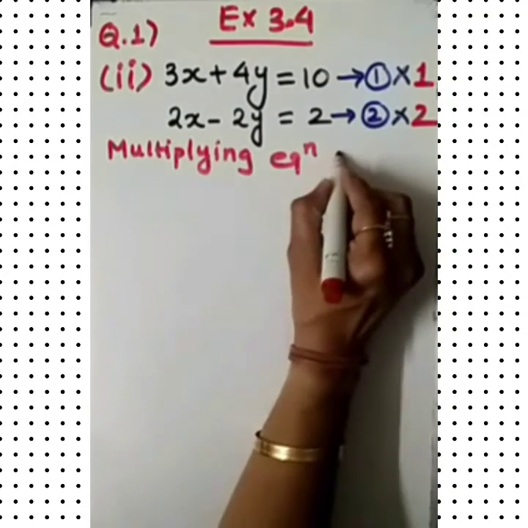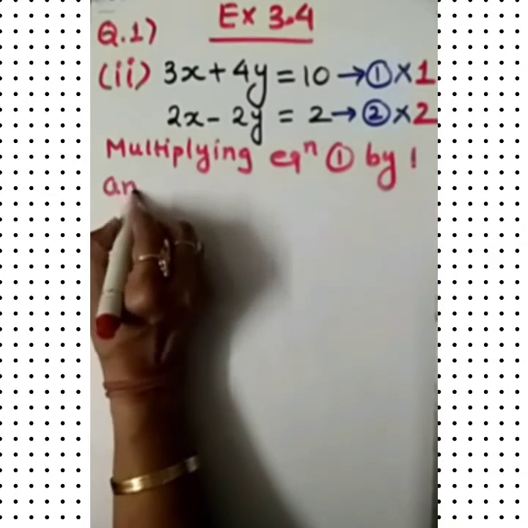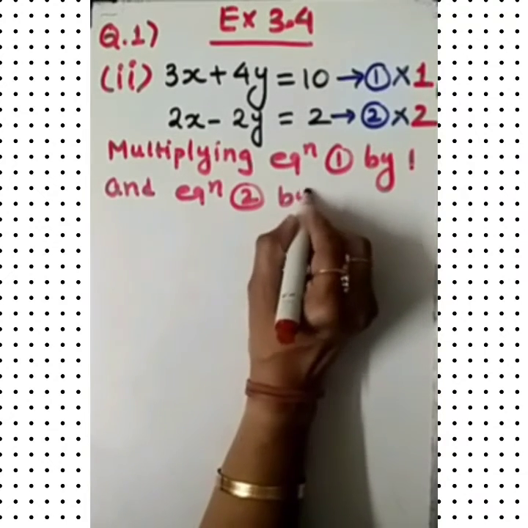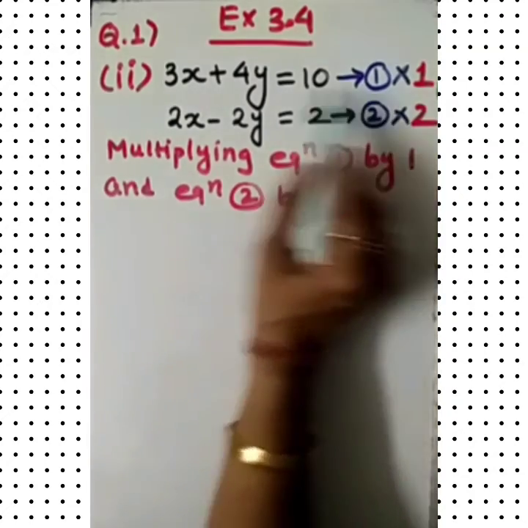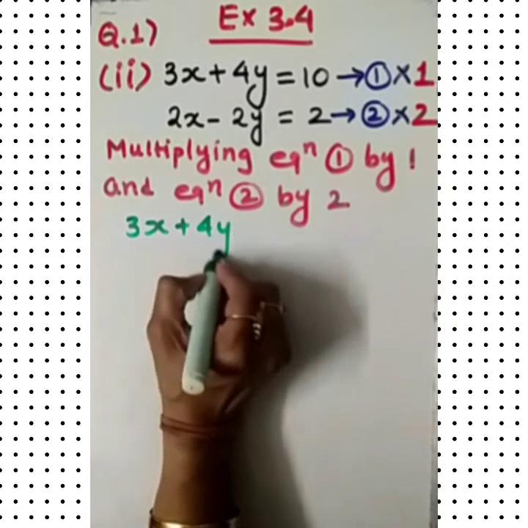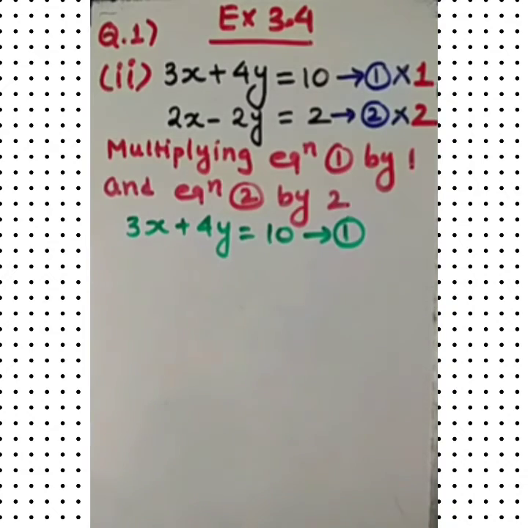Now we need to mention it here also: multiplying equation number 1 by 1 and equation number 2 by 2. So what will be the result? If we multiply with 1, then this equation will remain the same, no changes. Let's say that is equation 1.